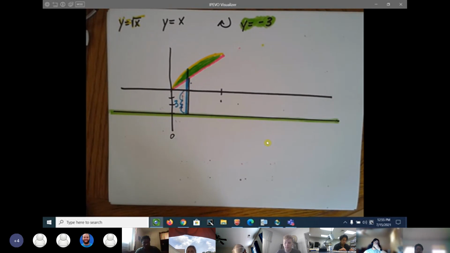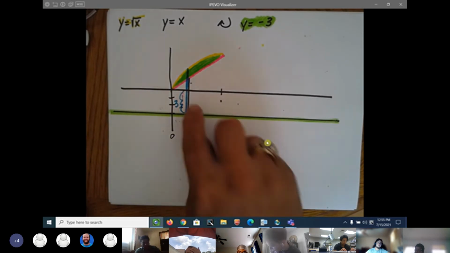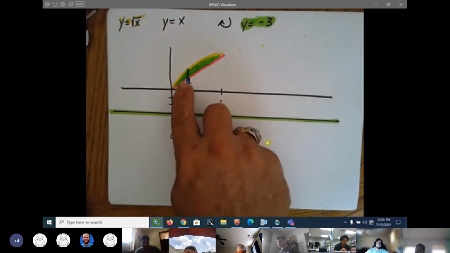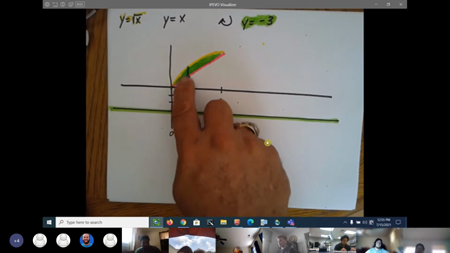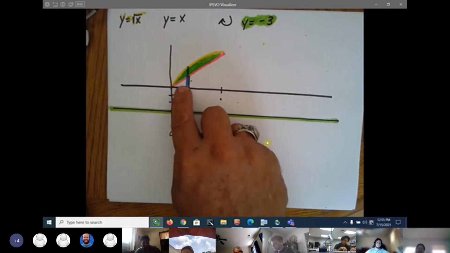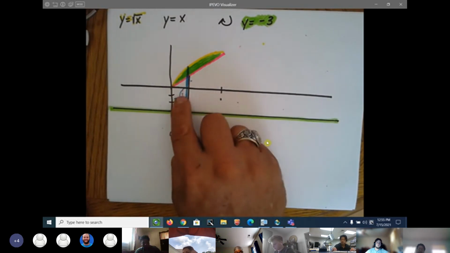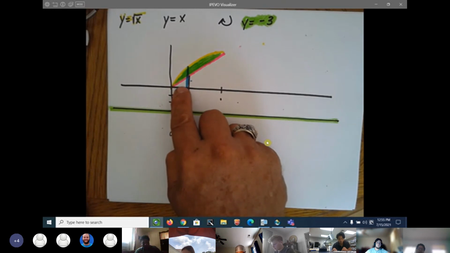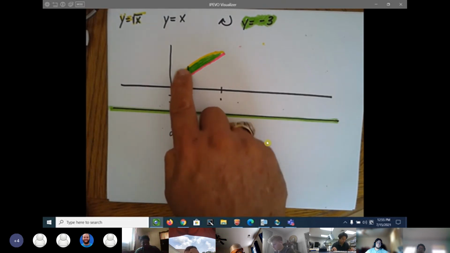What does it look like I'm doing? I'm adding on to 3. Does everybody see that? Because 3 is right here. This up here, that's adding because I've got to add to get to up here. So that's going to be 3 plus these guys.